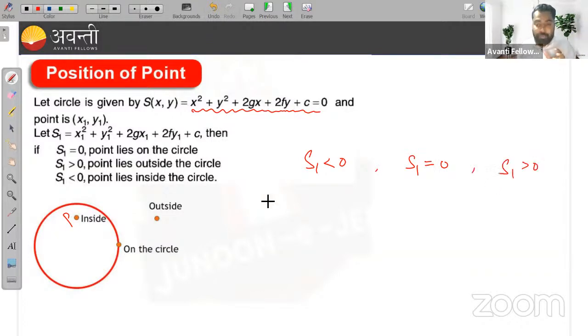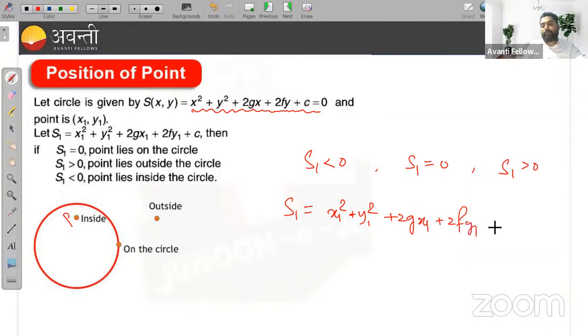And what is S1 here? It is very simple. You need to put the given point in the left hand side of the equation. After putting, what we are getting? x1 square plus y1 square plus 2gx1 plus 2fy1 plus c. So this is my S1.